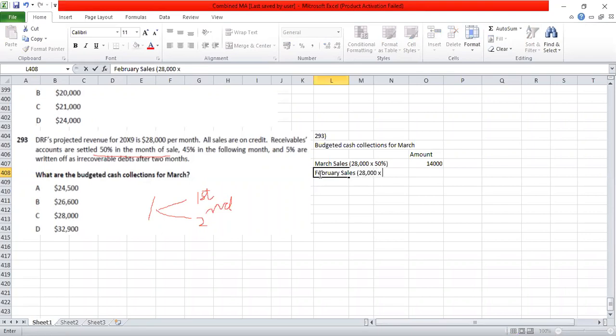On an average, every month has the same amount of sales. Just add it up. 5% anyway would not be collected. That's bad debt. So add it up. We have the total cash collections during March.